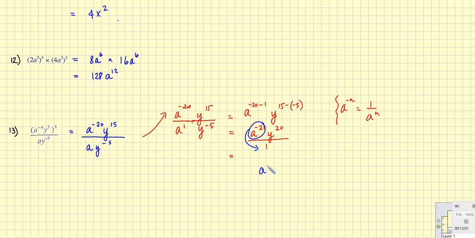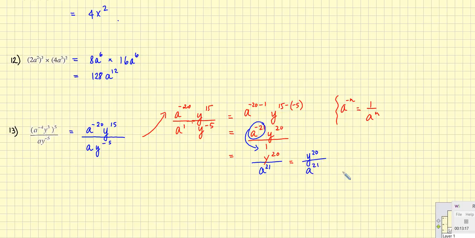So it'll become a to the power of 21, and that'll still be over whatever was in the numerator that was positive, which was y to the 20th. So my final answer is going to be simply y to the 20th over a to the power of 21.